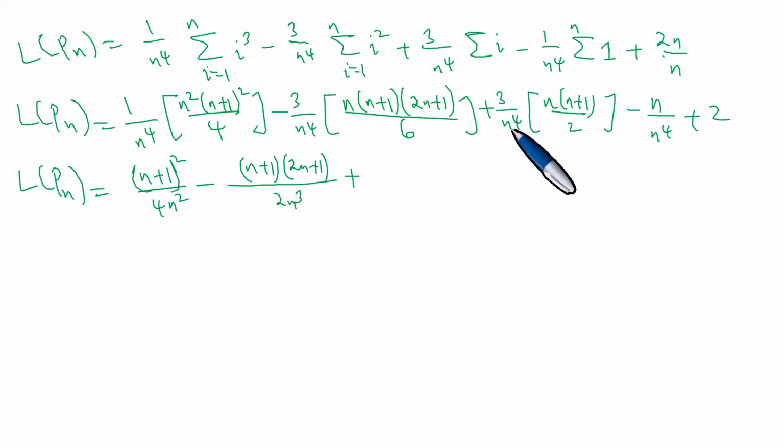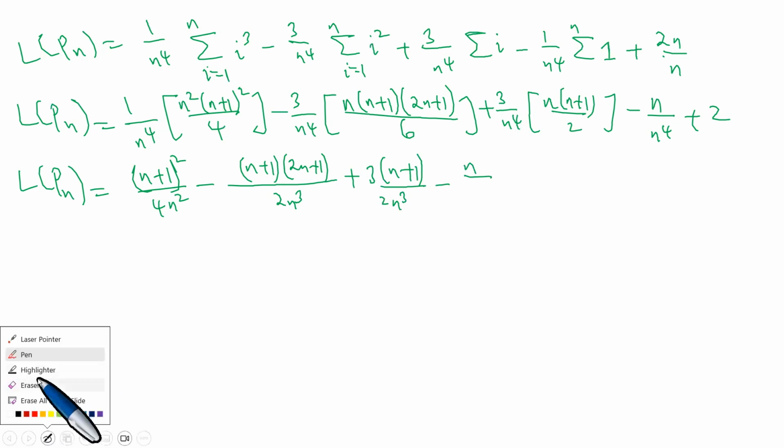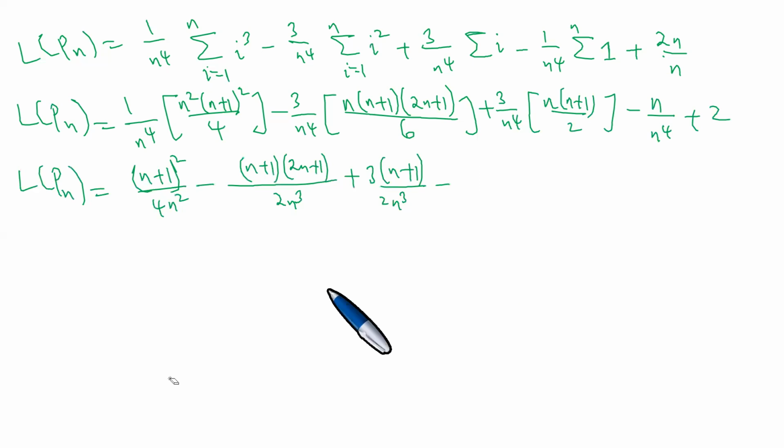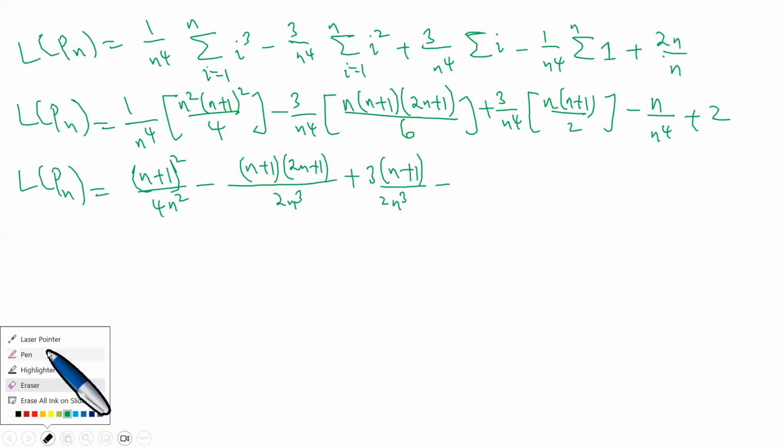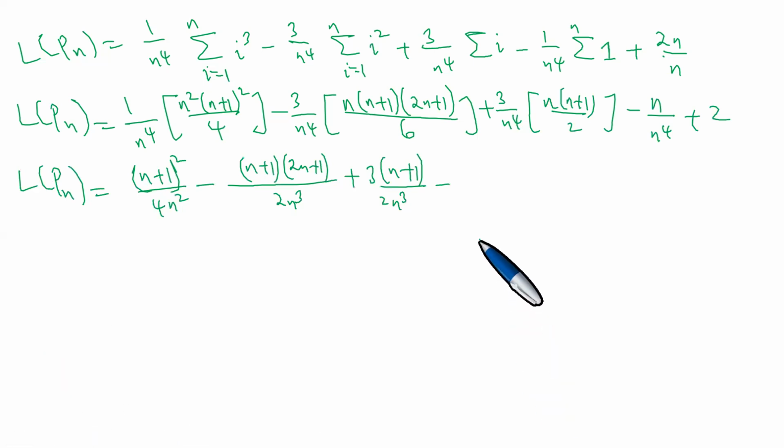So n divides, giving us n cubed, 1 over n cubed, the LPN.